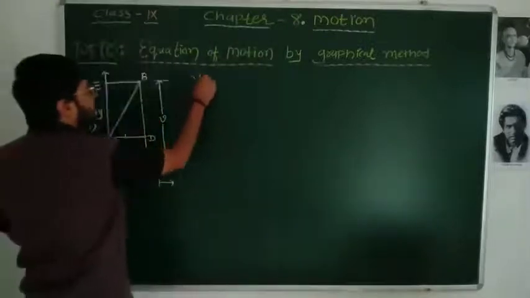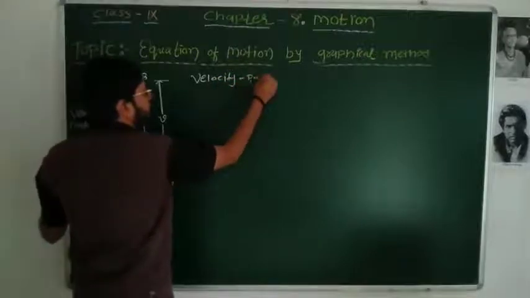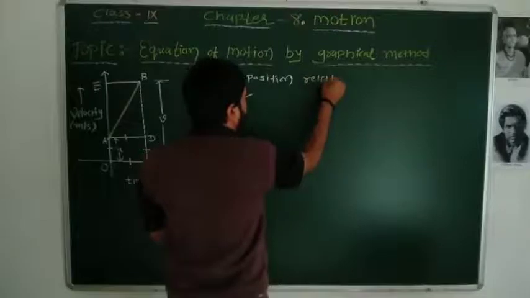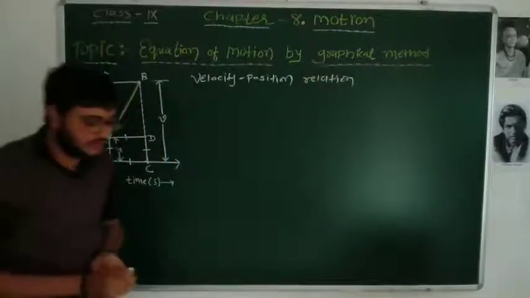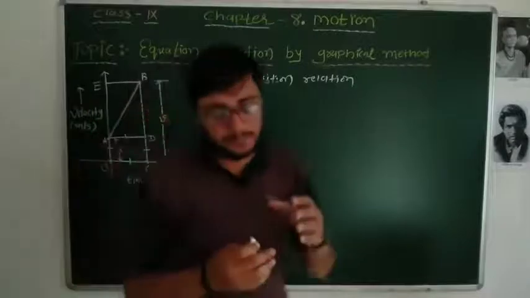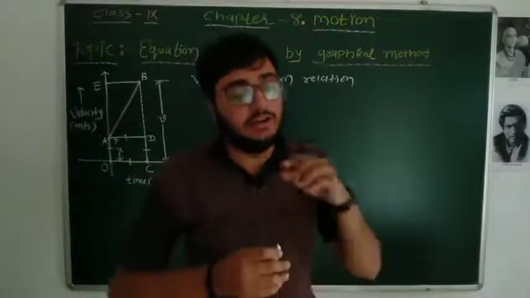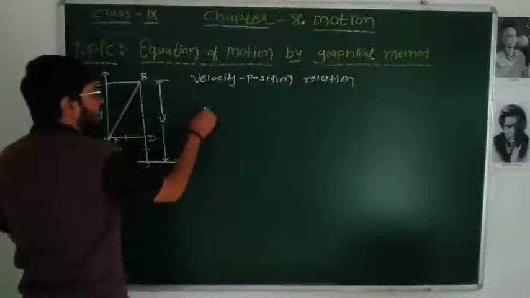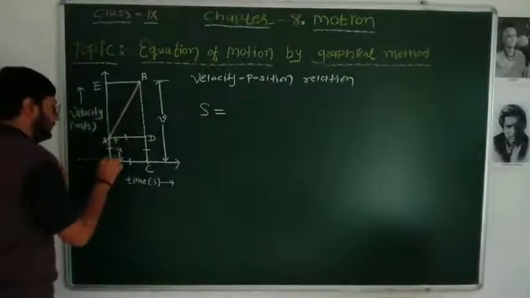So here you write the velocity position relation. We already know the distance covered by the object, s, at time t when it moves with uniform acceleration. So we can write the distance from this area.